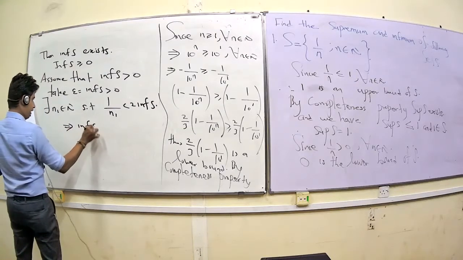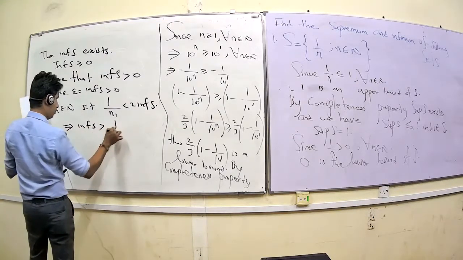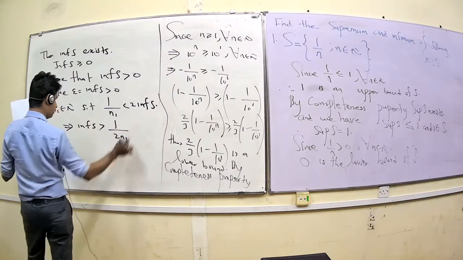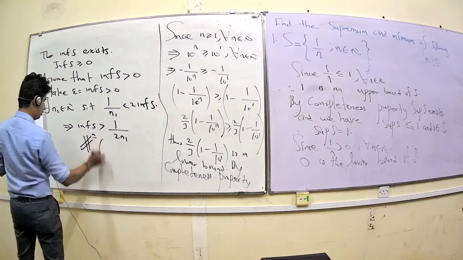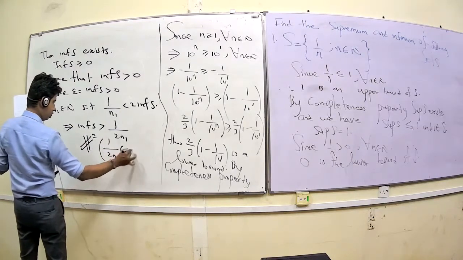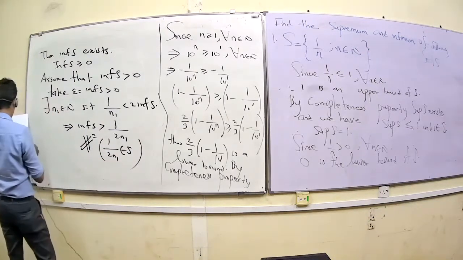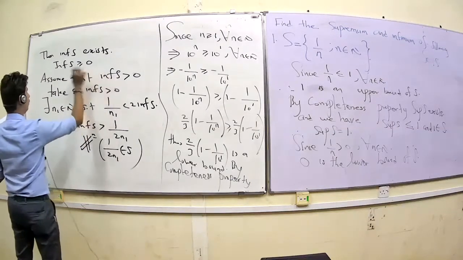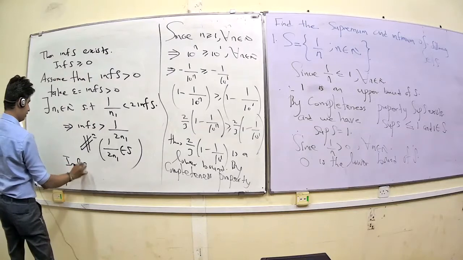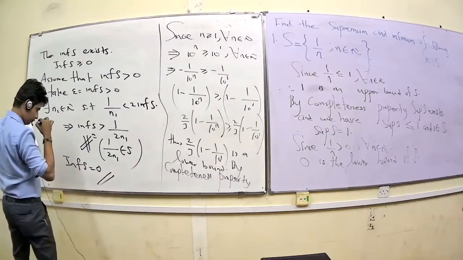From this you can write the infimum of S greater than 1 over 2n1. Is this possible? It's not possible because the infimum is the greatest lower bound and 1 over 2n1 belongs to S. Therefore, contradiction. So the only possibility is that the infimum of S is 0.